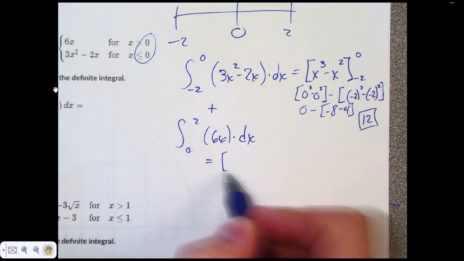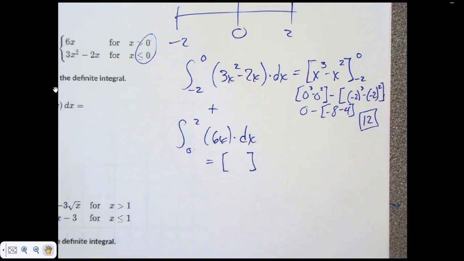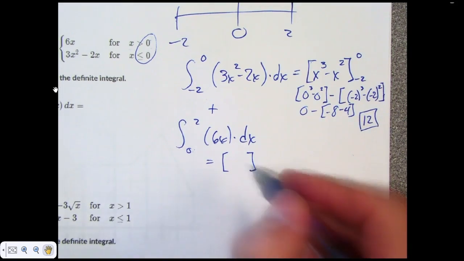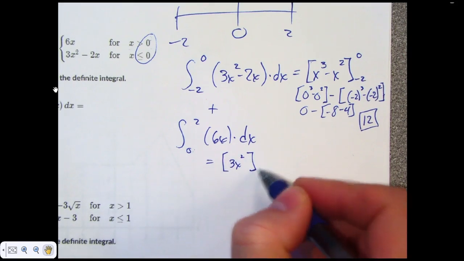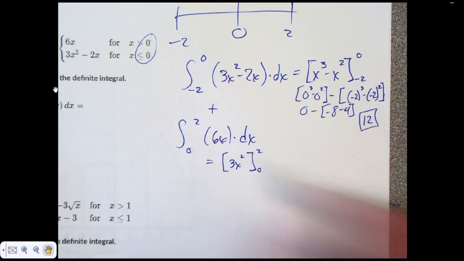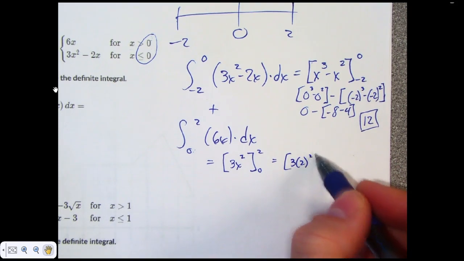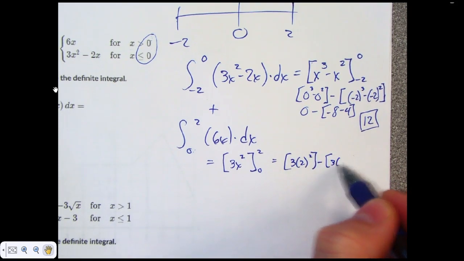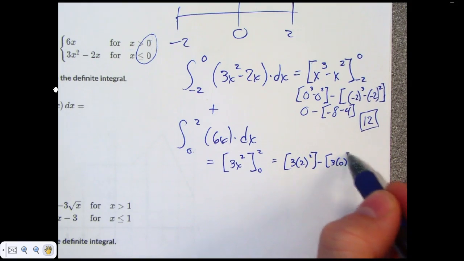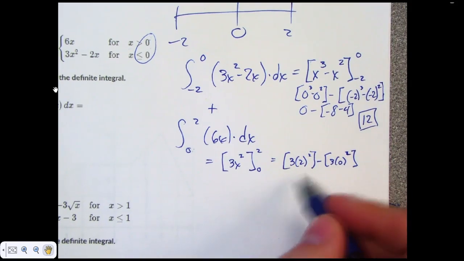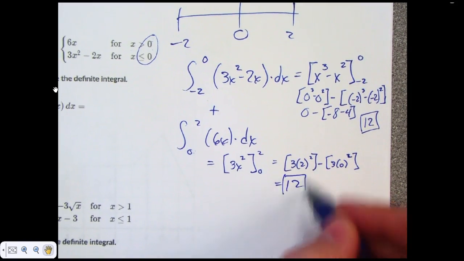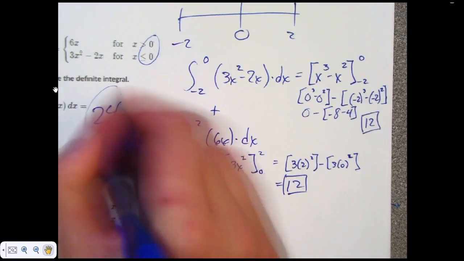And then do the same exact process on the bottom. So what's the integral of 6x? 3x squared, from 0 to 2. So 3 times 2 squared minus 3 times 0 squared. That would also be 12. Well, that makes our answer then 24.